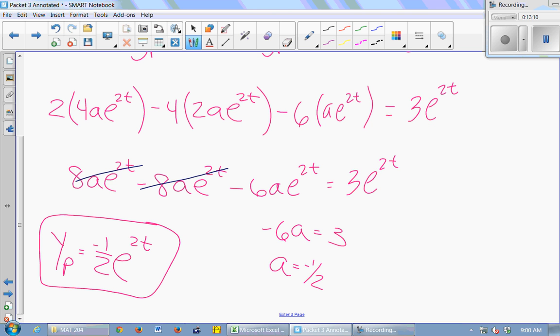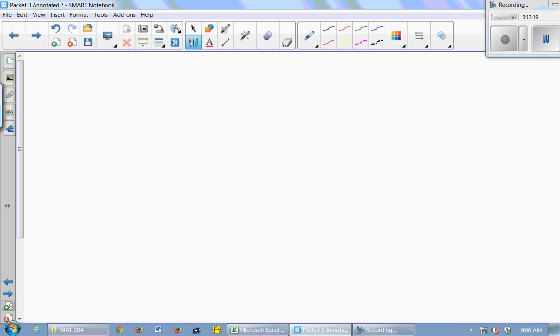Step 3 is just add them together. Add your yh and your yp, and that's your y general, your general solution. Yes, it's a particular solution, not a general solution.